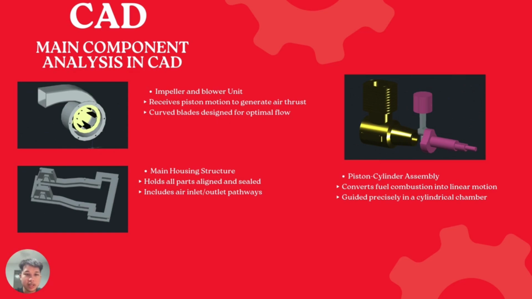The last part is the housing structure, which serves as the framework. It holds all the parts in place, maintains alignment, and directs airflow through an inlet and outlet channel. These breakdowns allow us to analyze how each part contributes to the system and help us identify areas of optimization like friction reduction or improving the airflow path.